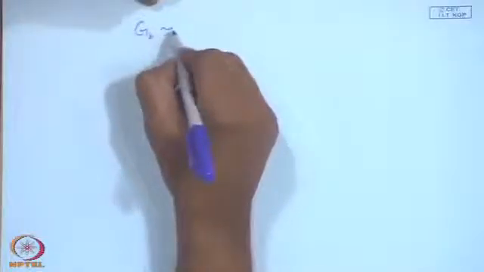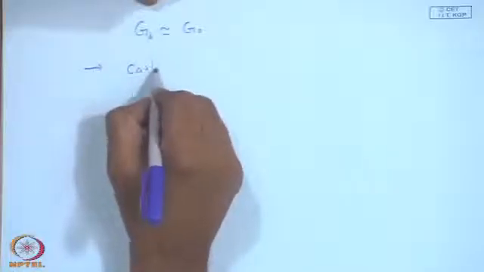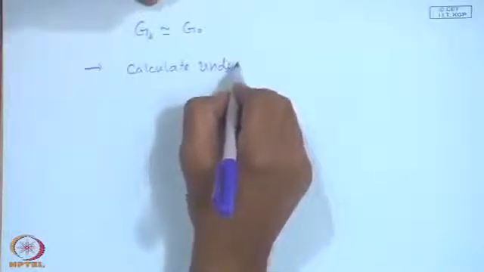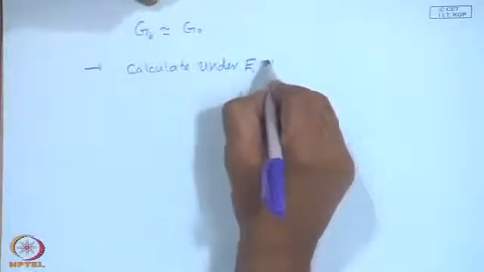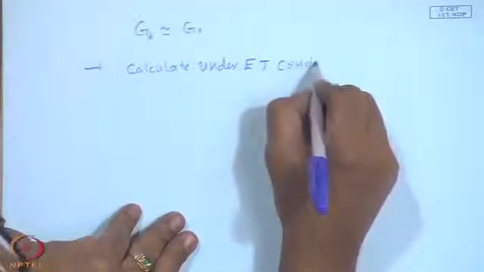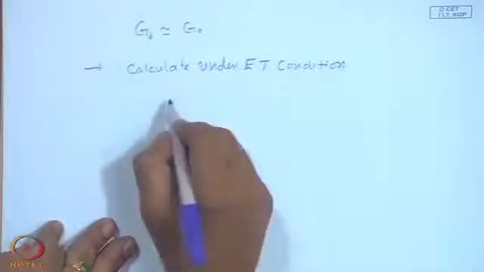We found this R B bar obtained under so called extraterrestrial conditions, basically G B being equated to G 0, that means calculated under E t. Now, I shall use this short form for extraterrestrial condition. Now, you may think of why.